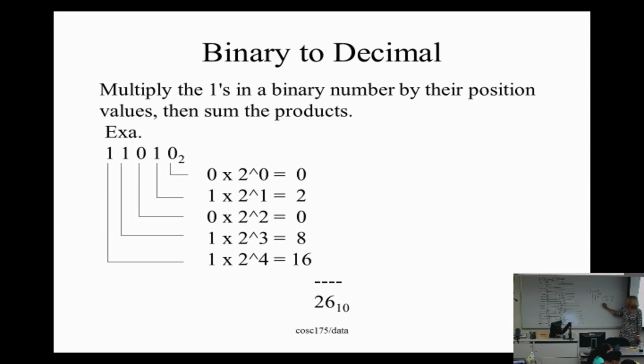This one is a 0. What are we going to multiply this times? Bring down the digit, which is 1, times 2 to the 3rd.